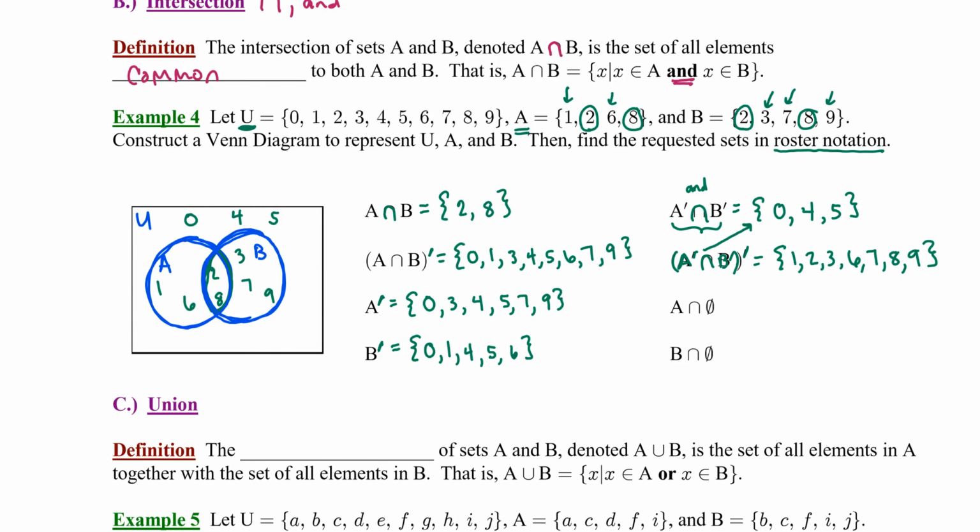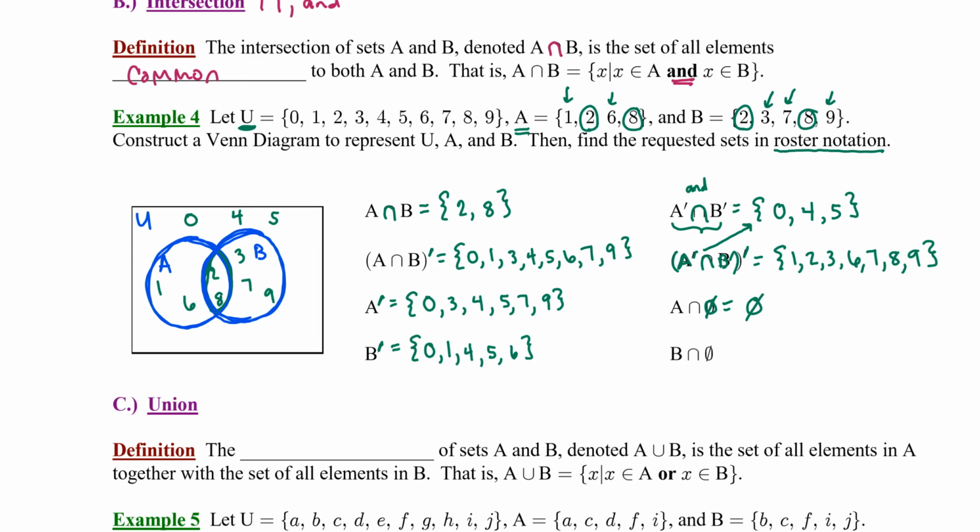Next example, A intersect the empty set. This means I'm looking for what the set A has in common with the empty set. Remember, the empty set is empty. It has no elements, which means it has nothing in common with A. If it doesn't have anything, it can't have anything in common with A. So A intersect the empty set is empty.